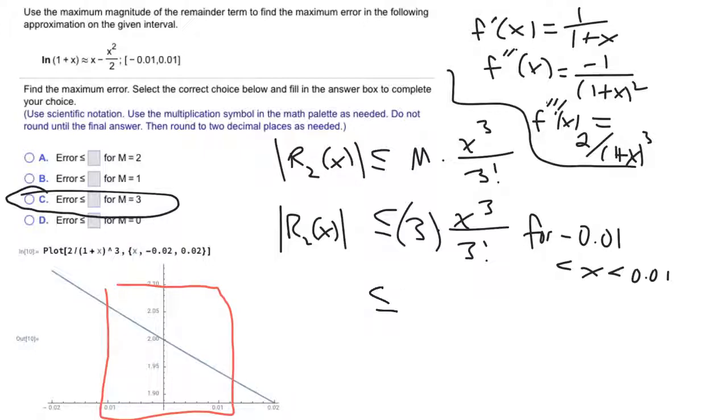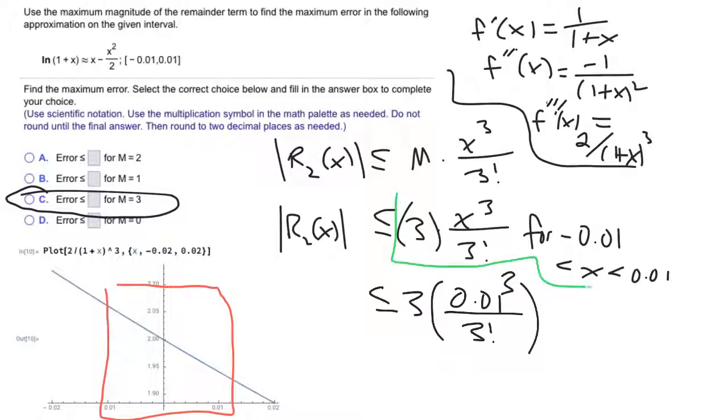So this is no more than 3 times 0.01 cubed over 3 factorial. And again, don't be afraid to look at a graph if you would like to. But because it's just a power of x, I feel pretty comfortable that the largest that a power of x can be is when the x is as large as possible.